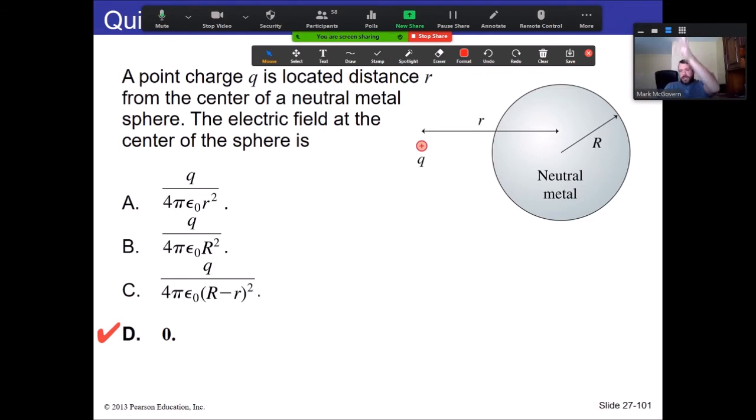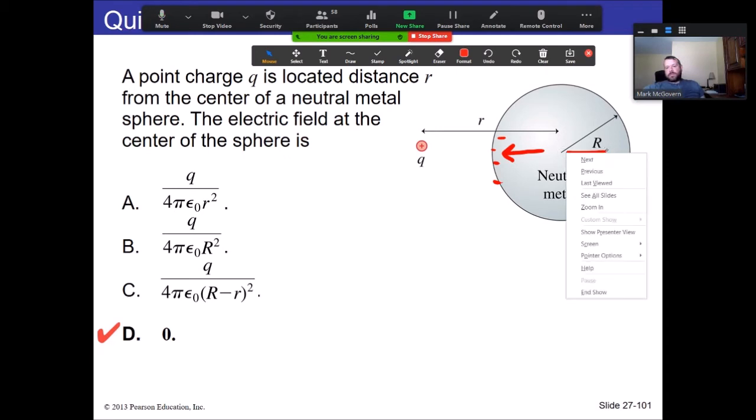And if you put an electric field in the presence of an electron, it's going to travel in the opposite direction, right? So as soon as the electric field gets established, you got a bunch of negative charges wanting to go this way. So your negatives build up here. And then what does that do? Well, it makes your positives go over here. You got a bunch of positives that build up here.